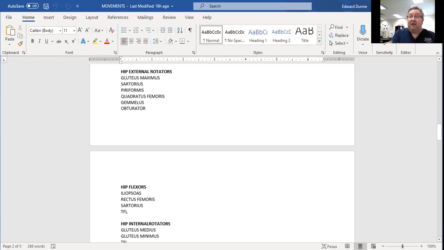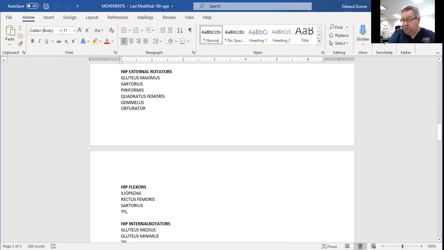And finally, the last external rotator you need to know is the gluteus maximus. So the ones you need to know: gluteus maximus, sartorius, piriformis. Those are the 3 main hip rotators.